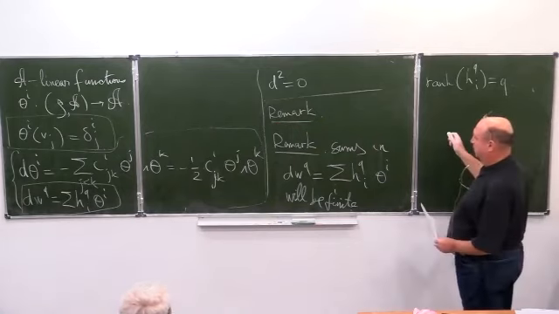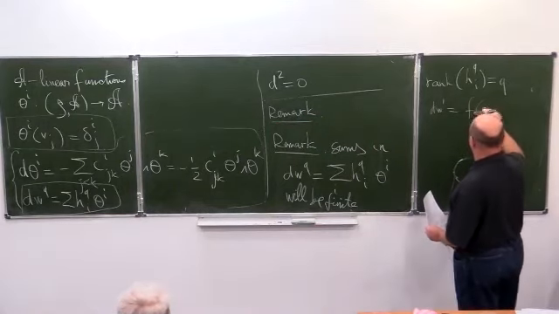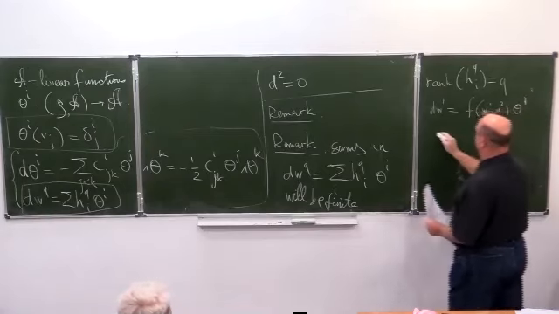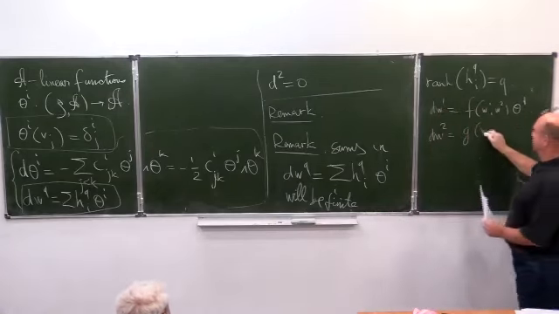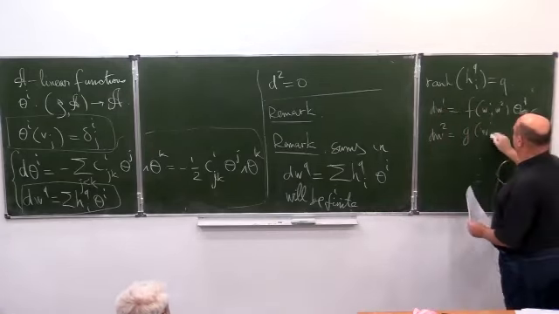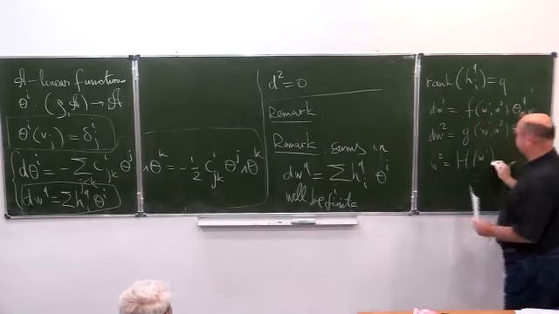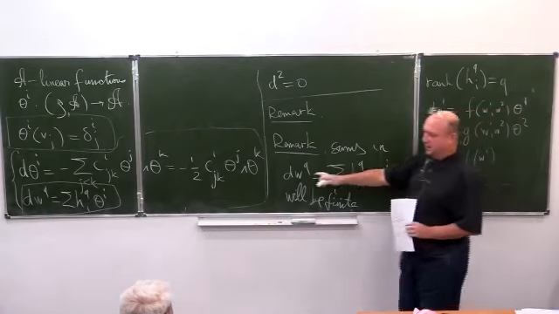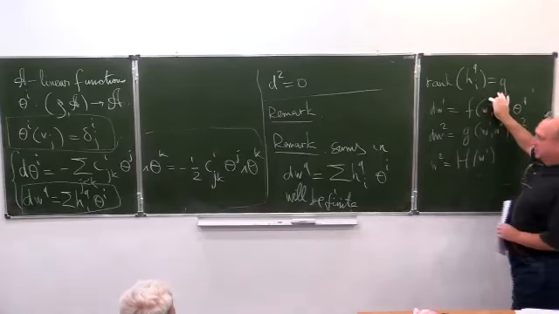W is a function multiplied by theta 1, another function multiplied by the same theta 1. So actually, say W2 is some function of W1, and we can reduce the number. If we suppose that W's are independent, we can consider that the rank is maximum.